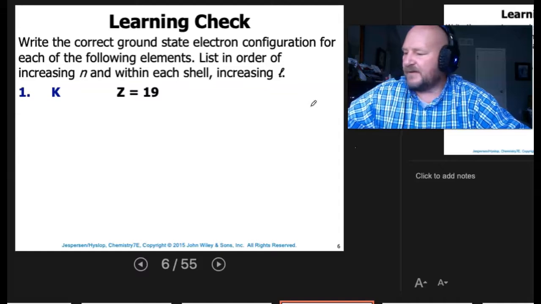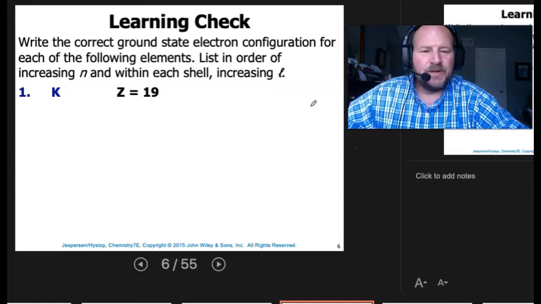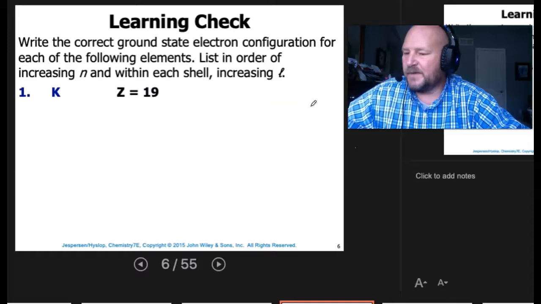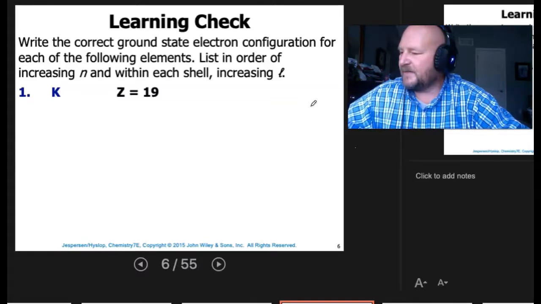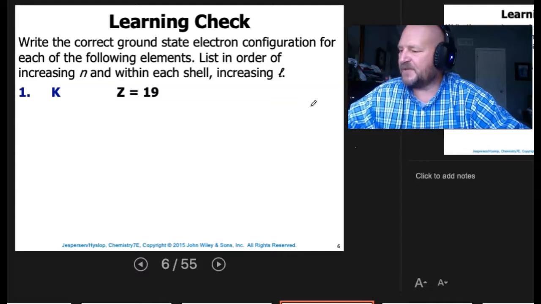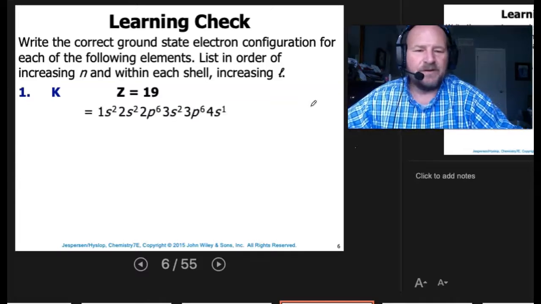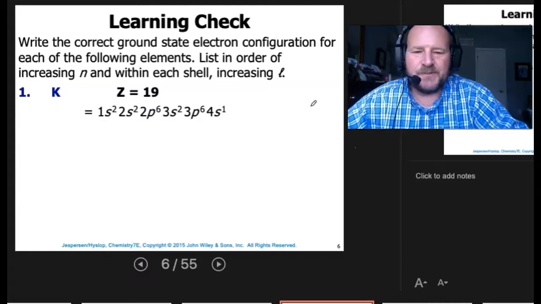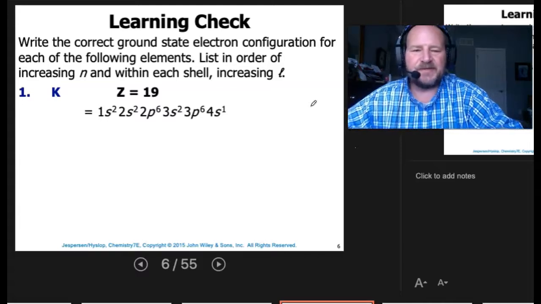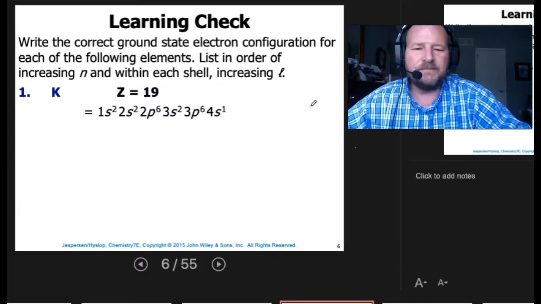Then we're going to go down to the third period, and we're going to get 3s2. Then we're going to go across and get aluminum to argon. That's going to be 3p6. And then finally, we are going to be at potassium, which is going to be 4s1. So our electron configuration then would be 1s2, 2s2, 2p6, 3s2, 3p6, 4s1.